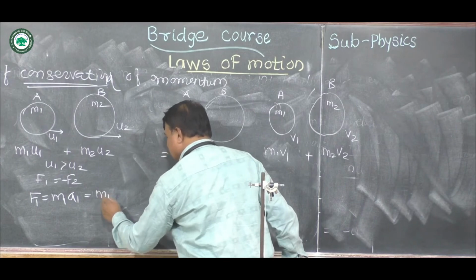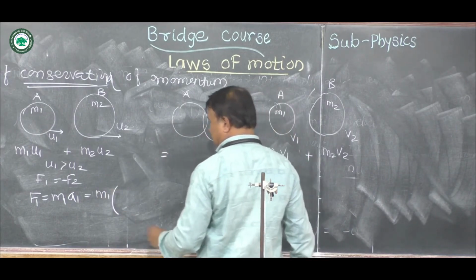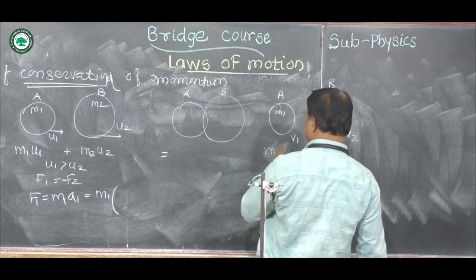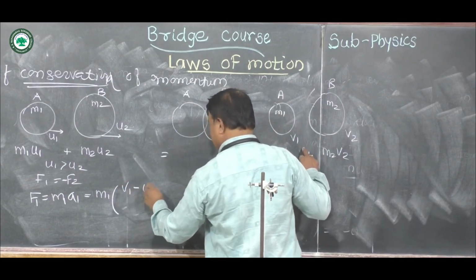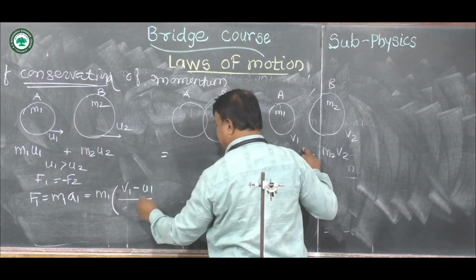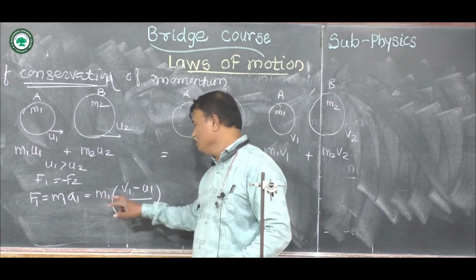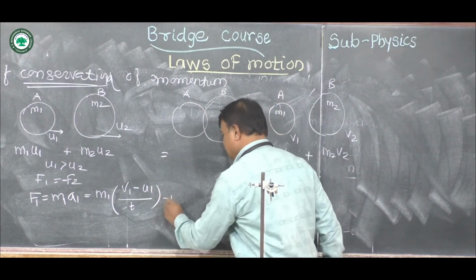So m1, first body. Final velocity is v1, initial velocity is u1 and time is t. So we get F1 is equal to m1 (v1 minus u1) upon t. This is equation 1.